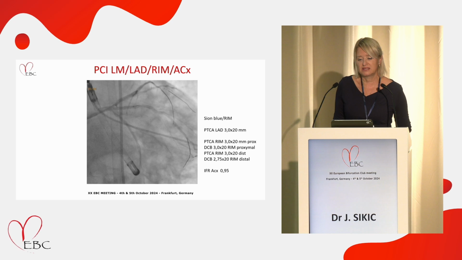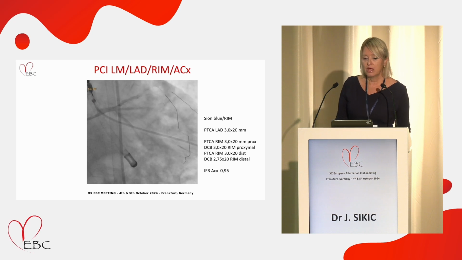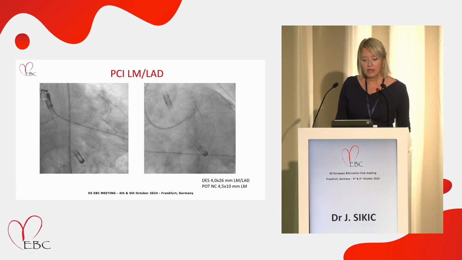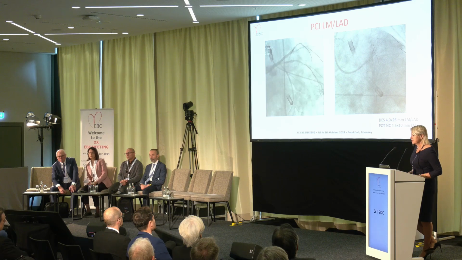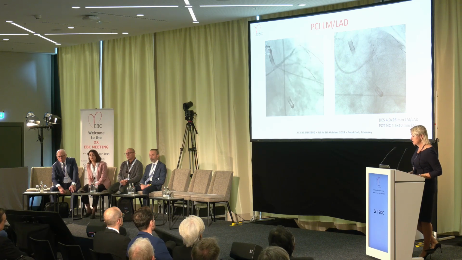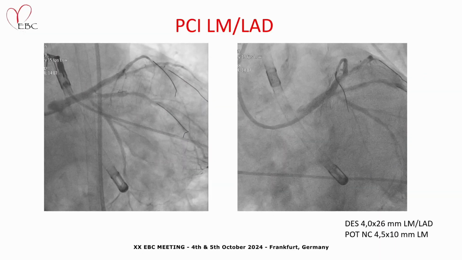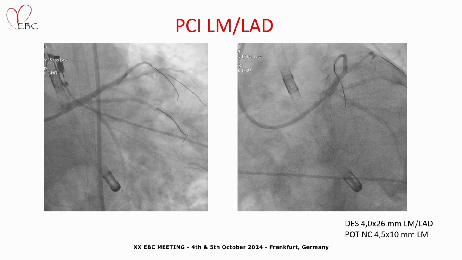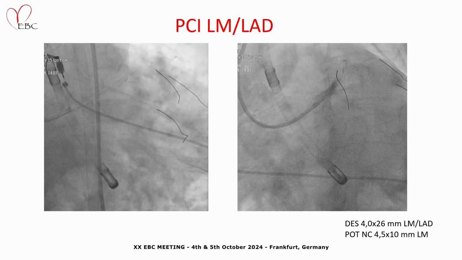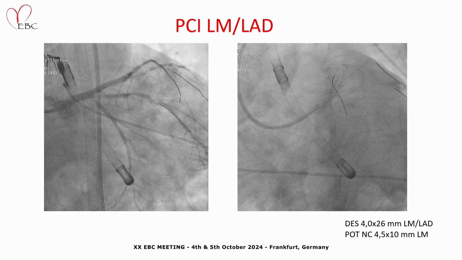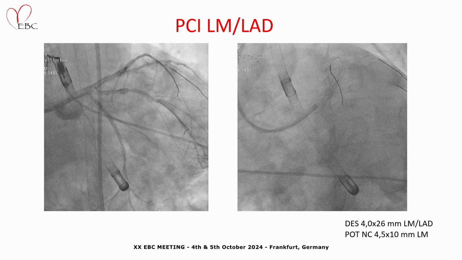If you remember, there is a problem on the distal part of RIM as well. So after treatment of the LAD and left main and the POT, this was the result. This patient had a cardiorenal syndrome, and at that point I didn't use OCT, so I let him go.